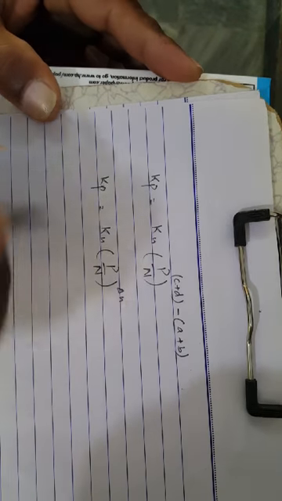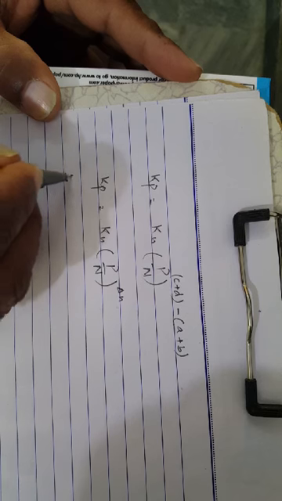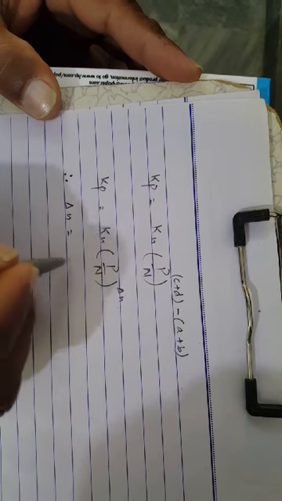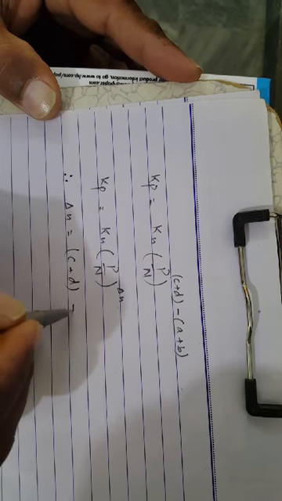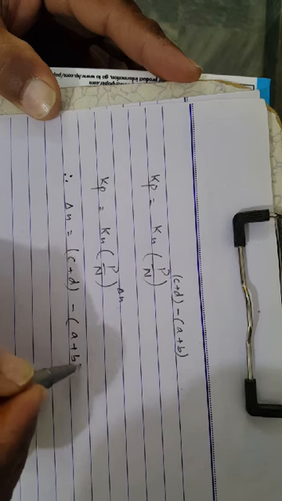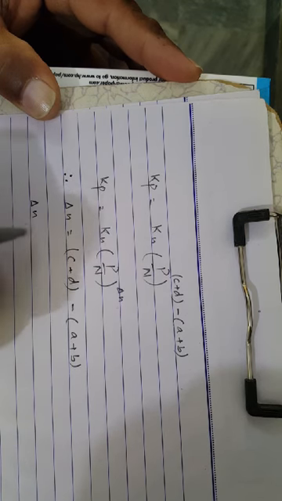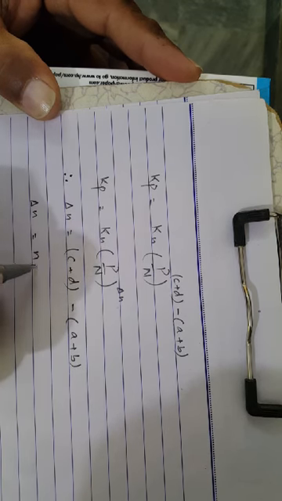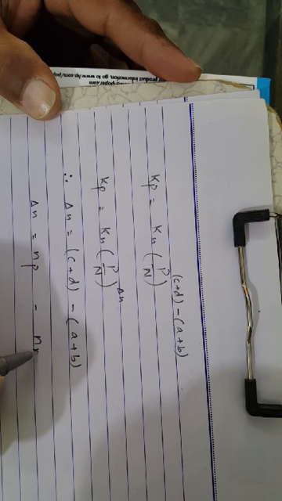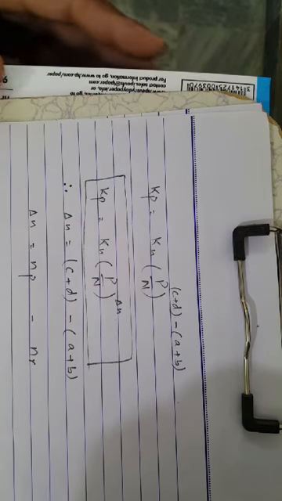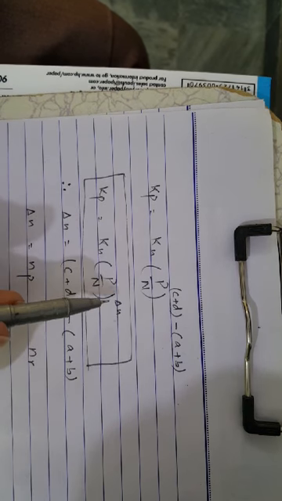This delta n is equal to c plus d minus a plus b. Delta n can be described as the number of moles of products minus the number of moles of reactants. So this is the expression which we tried to derive between Kp and Kn. Kp and Kn have the relation Kp is equal to Kn into P over N to the power delta n.